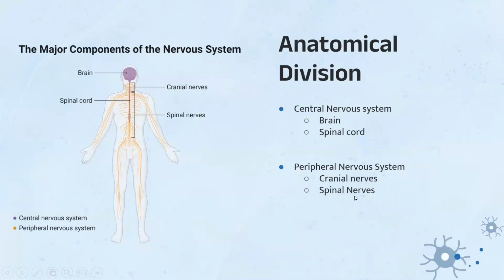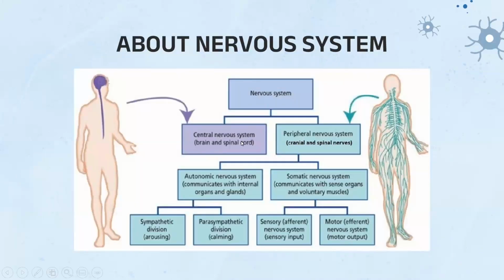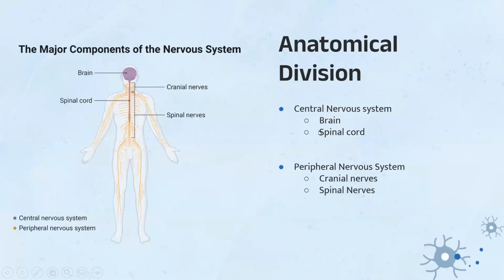So what comprises each of these systems, the central and the peripheral nervous system? The central nervous system is made up of only two organs, the brain and the spinal cord. Whereas the peripheral nervous system is made up of the cranial nerves that come off the brain and the spinal nerves that come off the spinal cord.